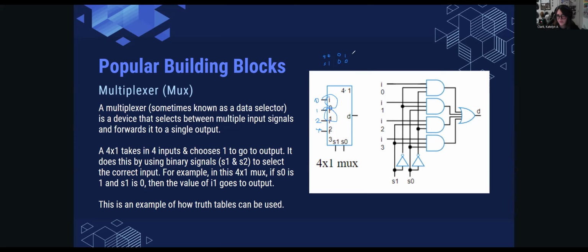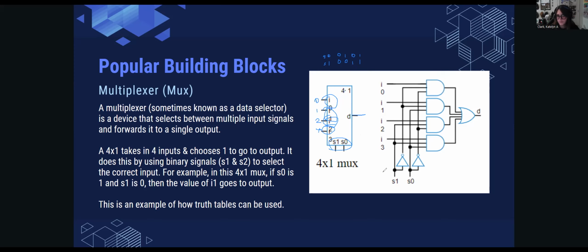Now, if S0 is 0 and S1 is 1, we're going to be selecting this one. And if they're both 1s, we're going to be selecting this one. So it's basically what you should have done for the 7-segment display, where you know what it equates to in binary with multiple signals. The difference is this one, we are choosing which one goes to output, which is done with these gates.